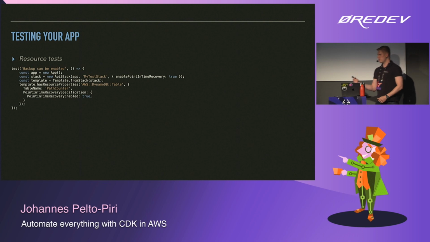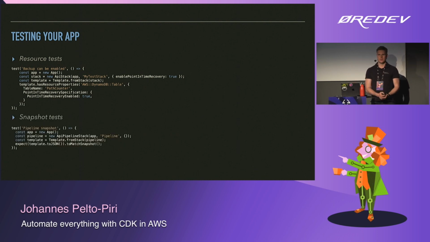What's also really powerful are snapshot tests. Now, a snapshot test in Node simply checks that whatever this operation did looks exactly the same as before. And this is really powerful, because now I have a test that will fail all the time.